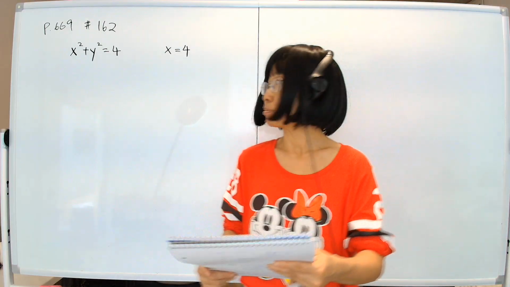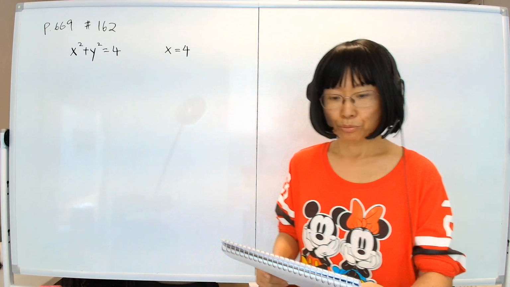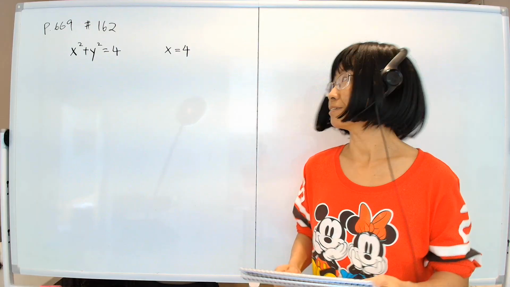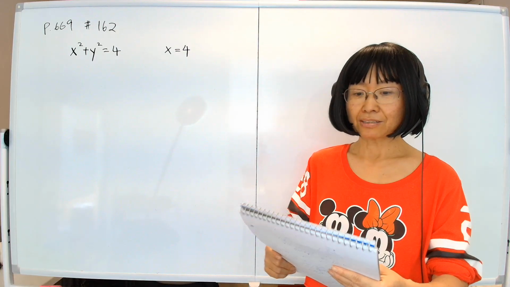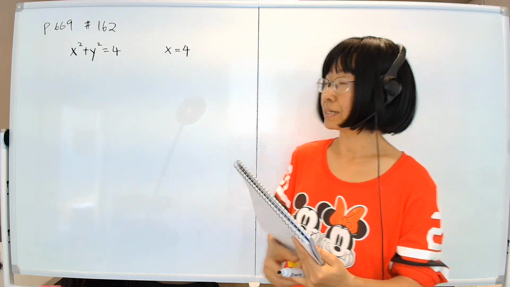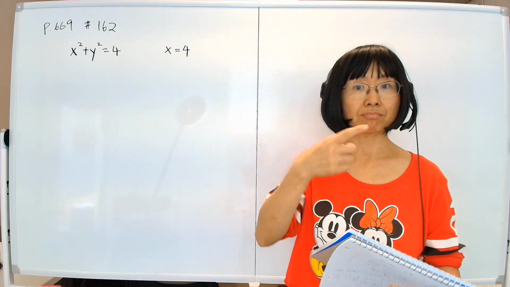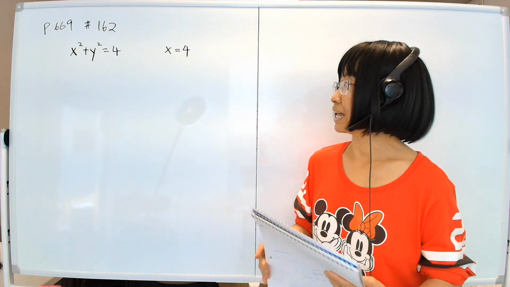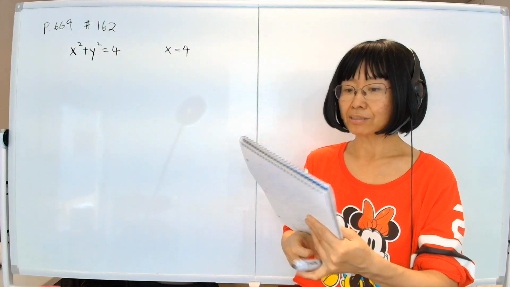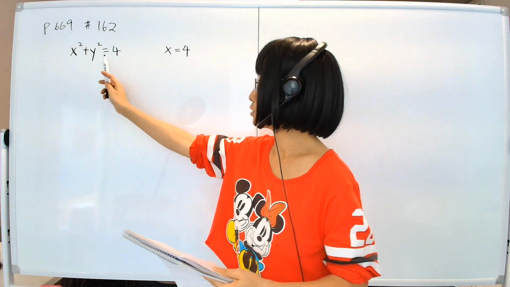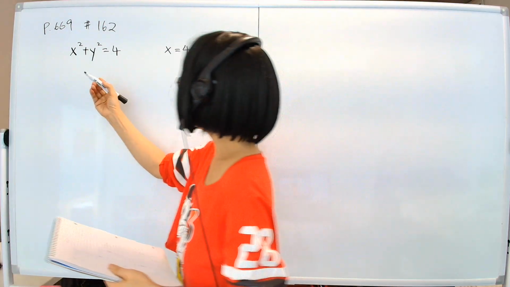Next, let's look at problem 162, where we have to calculate the volume of a donut. The donut is given by spinning a circle around the axis. In this case, our circle will be given as x squared plus y squared equal to 4, which I will draw here.